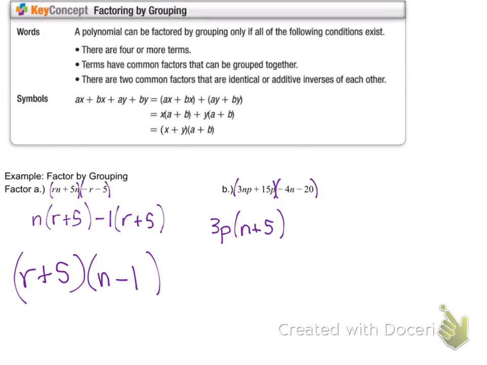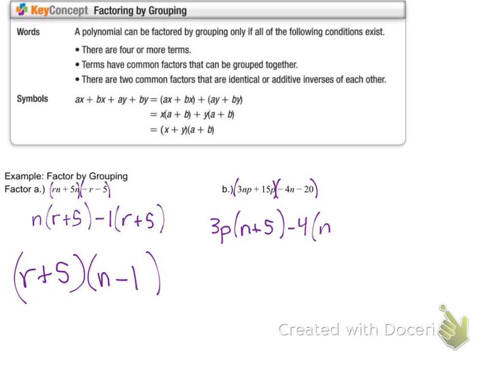So what should I take out of that second group? Sometimes the easiest way to think of this is I've got a negative 4n and I want it to be an n. So I needed to get rid of the negative 4, so I'll divide it by, not 4, but negative 4. So I'll take a negative 4. Negative 4n divided by negative 4 is n.